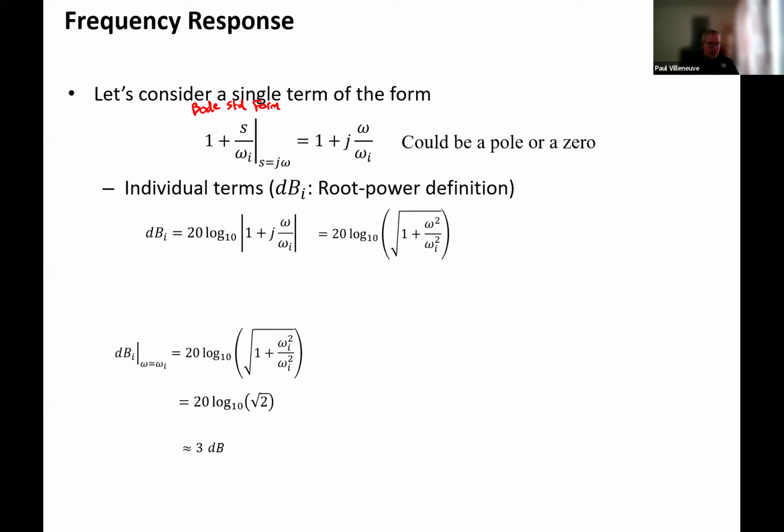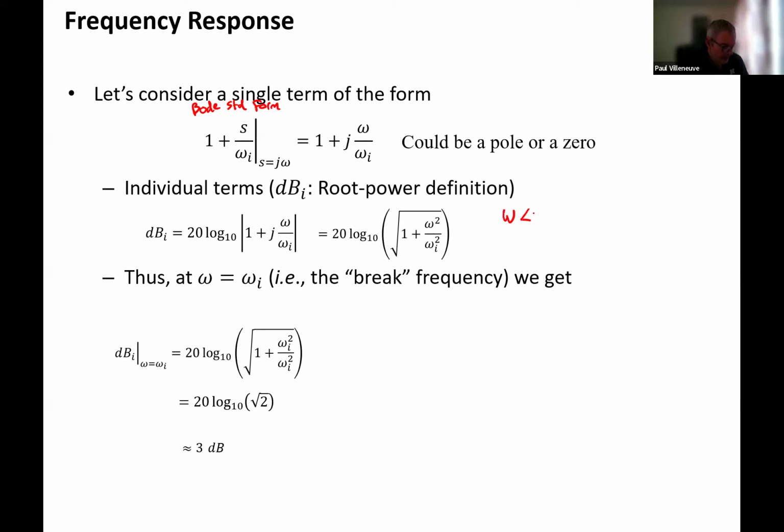So let's look at what happens at low frequencies. So at low frequency, which means omega is much, much less than omega sub i, what can we say about the square root of 1 plus omega squared over omega sub i squared? Well, let's write it. It may be a little bit easier.